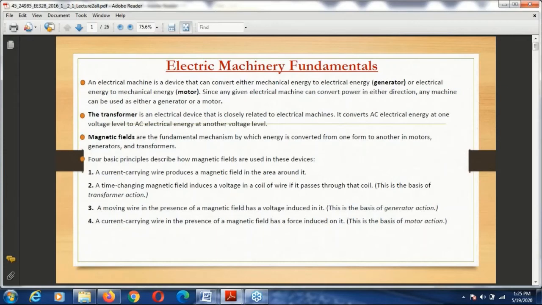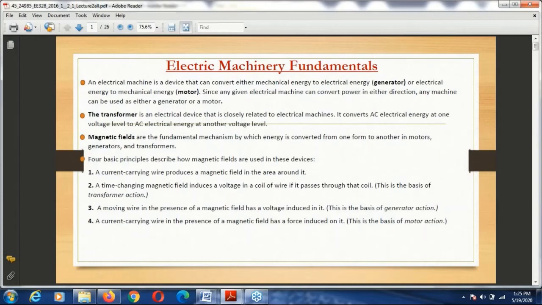That is what we state in Faraday's law: if a flux passes through a coil of wire, a voltage will be induced in the turn of the wire that is directly proportional to the rate of change in the flux with respect to time. You see it? That is the illustration there, the coil wound around the conductor.